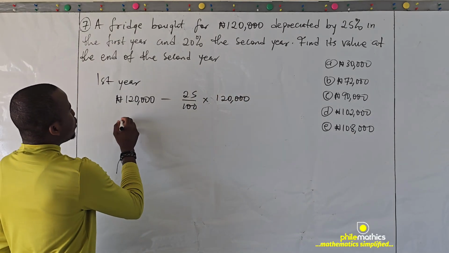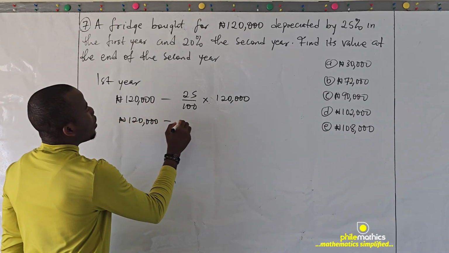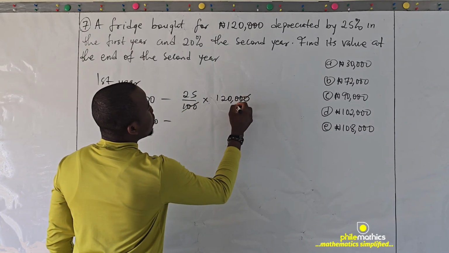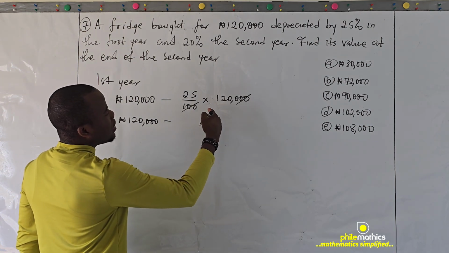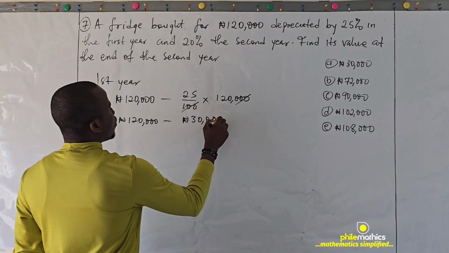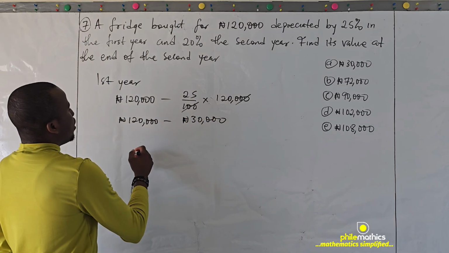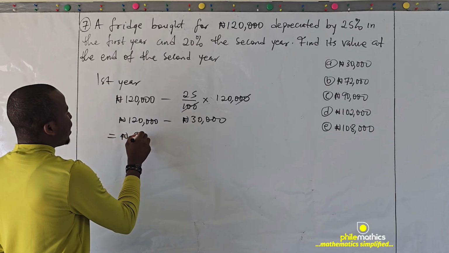And so this is 120,000 minus this, go with this, and 25 times 1,200 is 30,000. So if we subtract this, after the first year, its value will be 90,000.